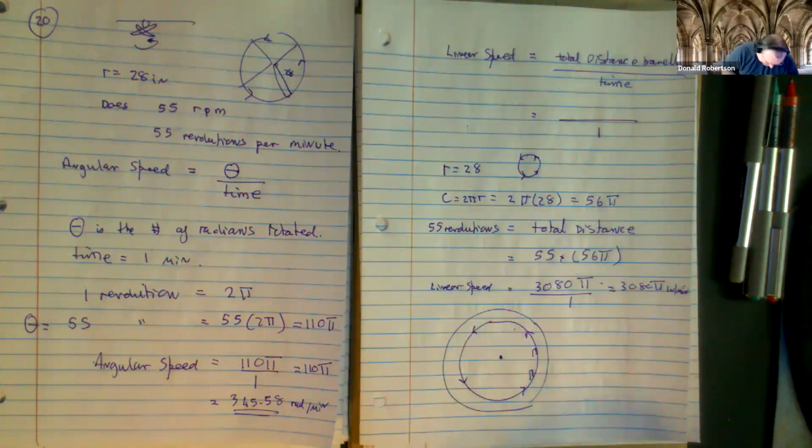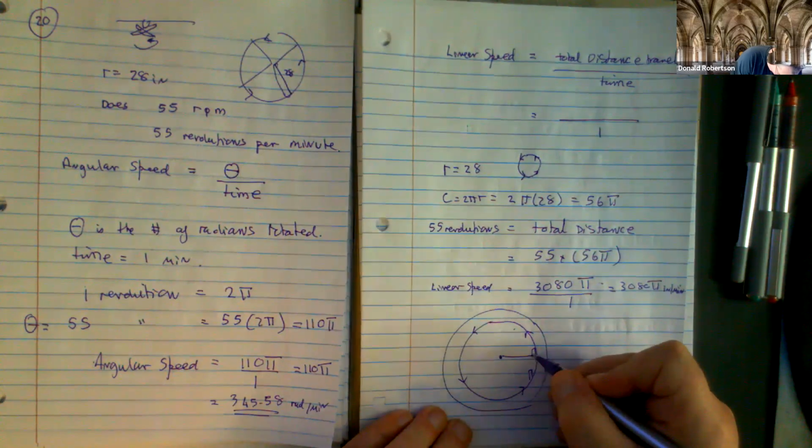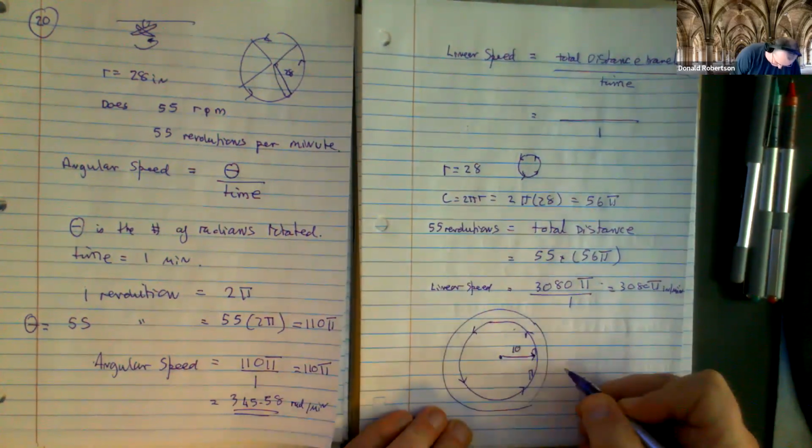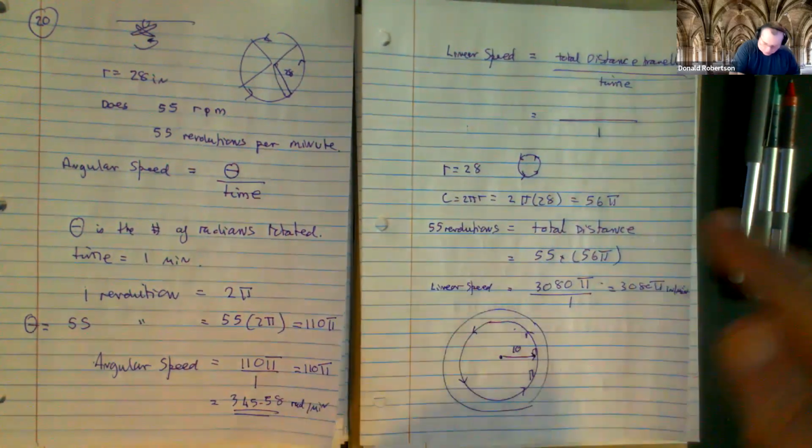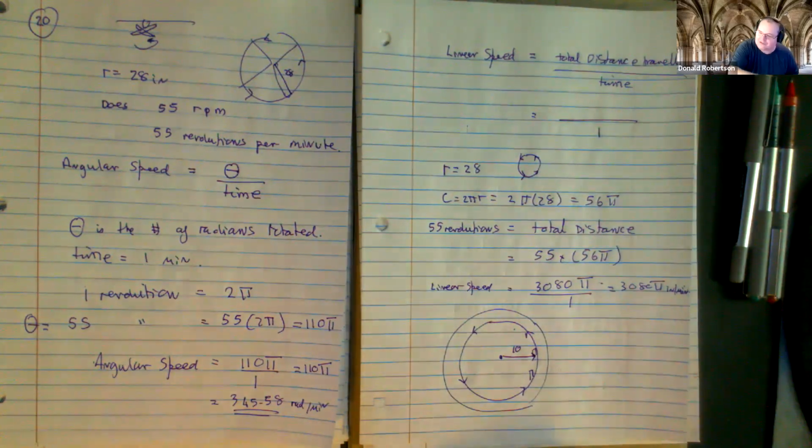Anyway, back to my story. If this was 10 feet, wouldn't you be going pretty fast? If somebody gave you 55 turns in a minute, you'd be going pretty fast, right?